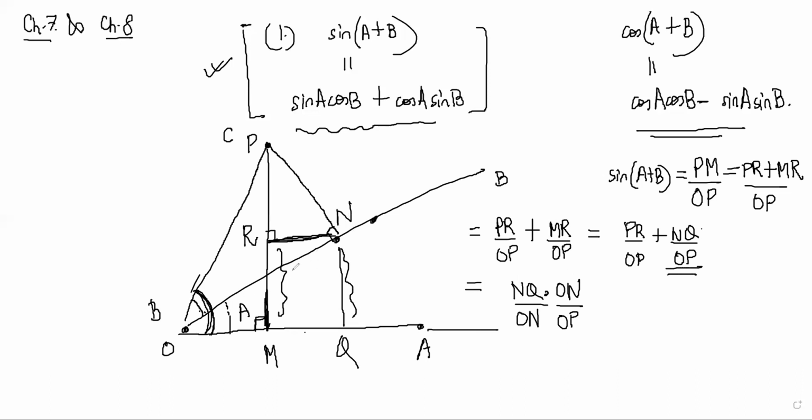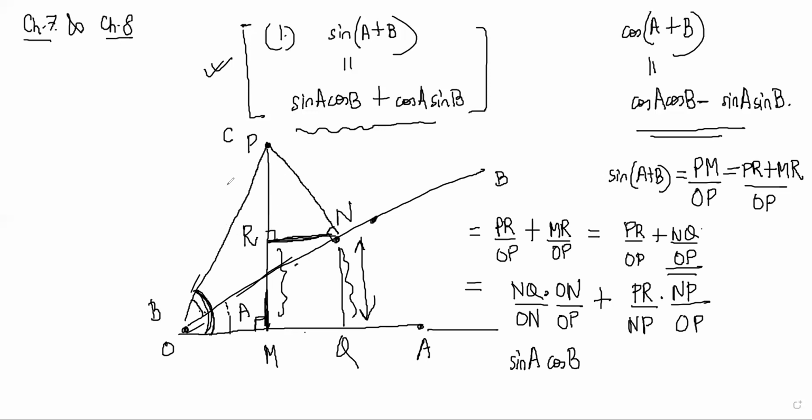What is ON by OP? Now look at the big triangle PNO. ON by OP, it is cos of angle B, no? Similarly, PR by OP, also multiply and divide by NP. PR by NP, NP by OP, right? Now look at PR by NP.